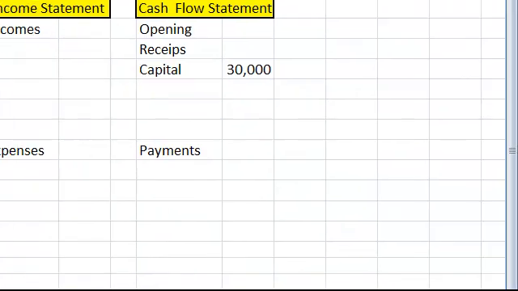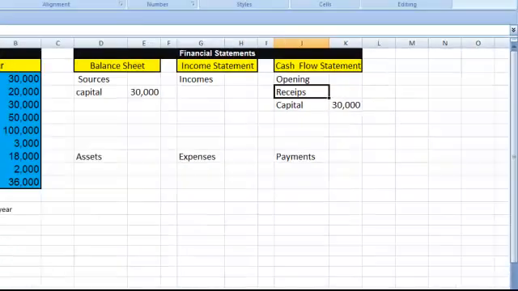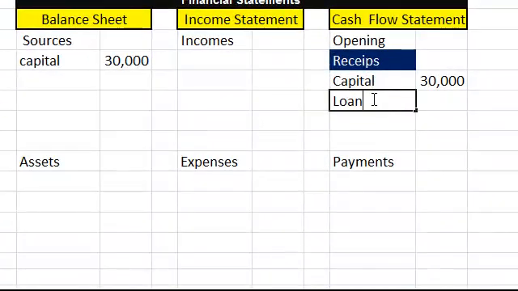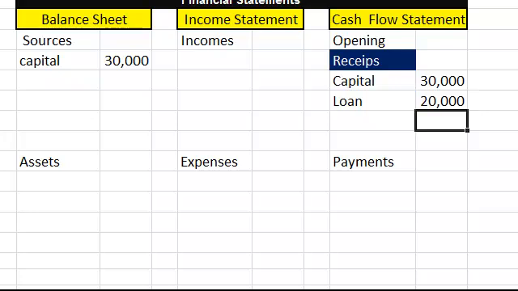Let us take the second one. Once again you have received 20,000. So observe this, it's a receipt, so I'm writing under the receipts, and it is a loan, and loan is a source. So then you're complete.